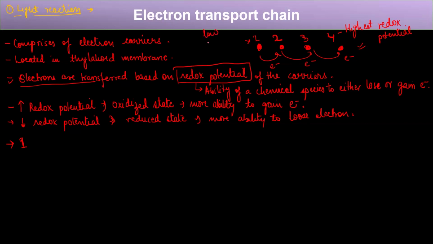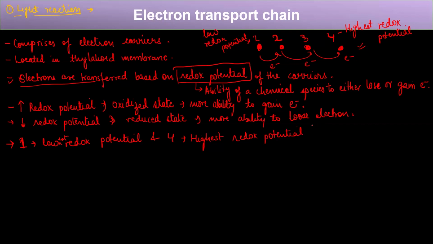So the first has the lowest, and the fourth has the highest redox potential.